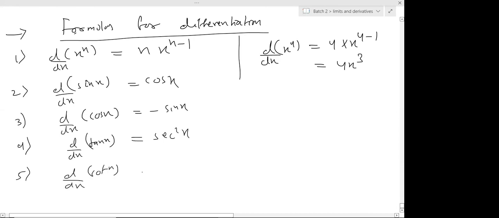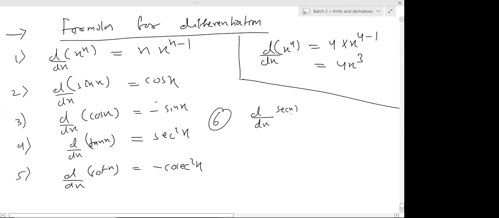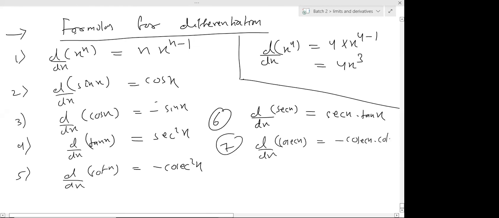Differentiation of cot x is minus cosec square x. Differentiation of secant x is sec x into tan x. Differentiation of cosec x is minus cosec x into cot x.